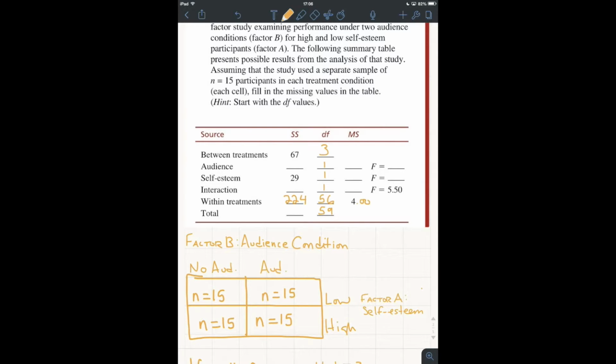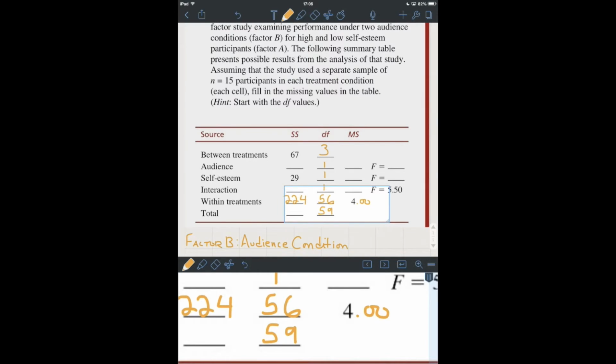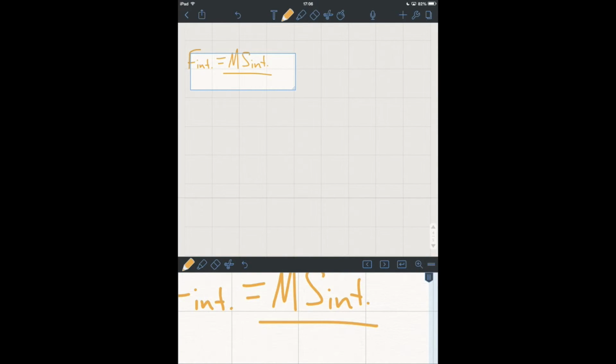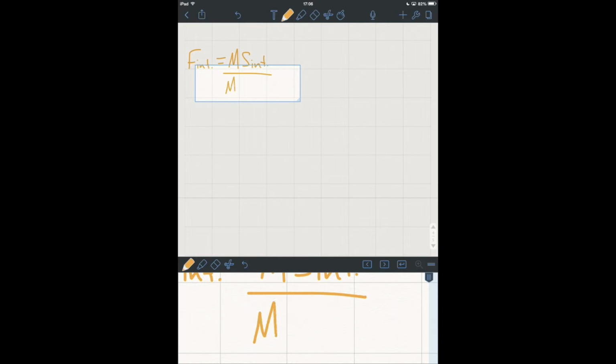because we have the within treatment, the MS for within. So let's do this below. So we know the F interaction, I'm just going to write INT, interaction for short, equals MS interaction divided by the error term, which is MS within.